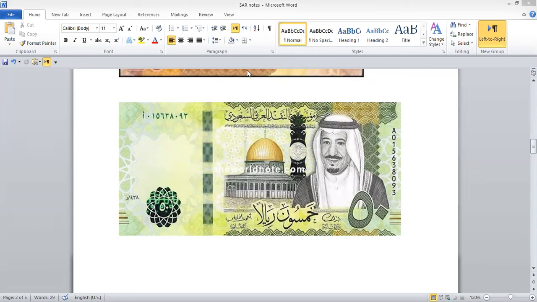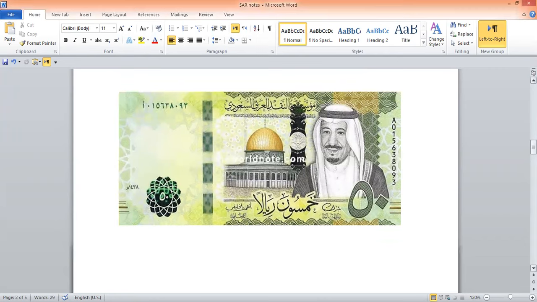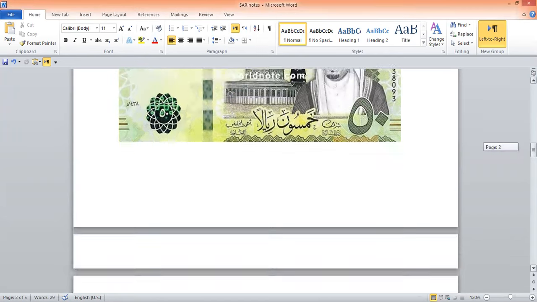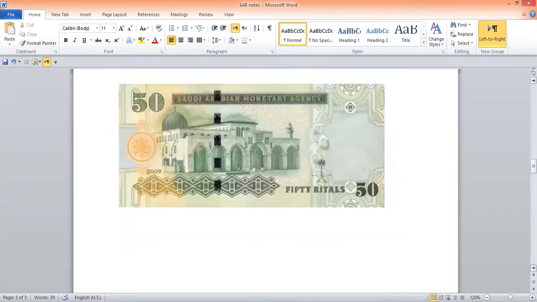So it has a value of, guys, this currency note has a value of 50. Very good. This is 50 real and it has a value of 50 real. So you can buy the things under 50 real if you have this currency note. This is the back side of 50 real.